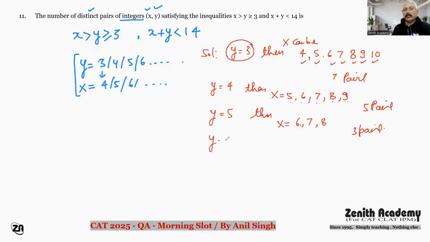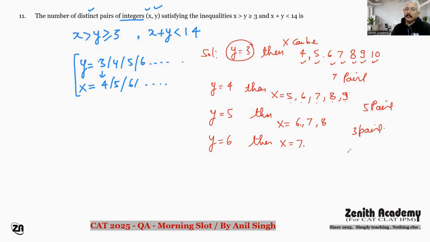If you take y equal to 6, then x can be 7, because x must be greater than y. So 7, 6, 13, and 13 is less than 14. Only one pair.